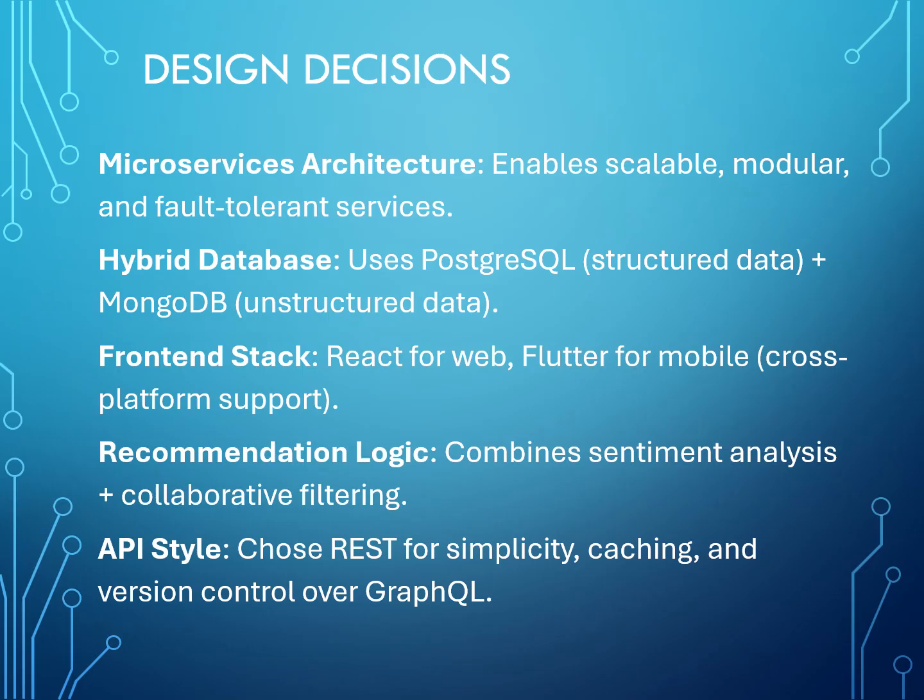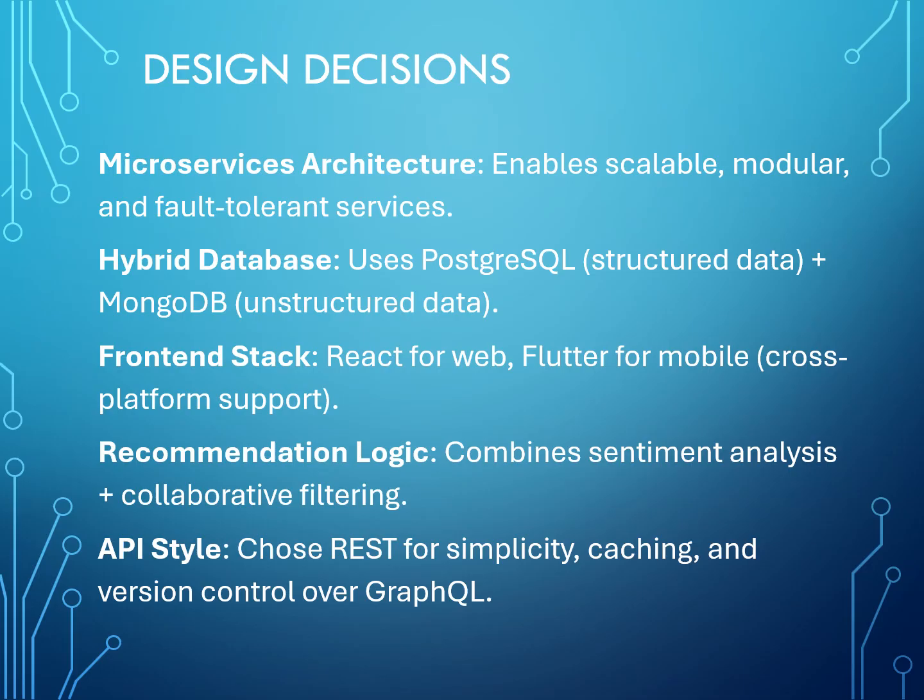Now for the design decisions, there's the microservices architecture. This enables scalable, modular, and fault-tolerant services. There's a hybrid database which uses PostgreSQL for structured data and the Mongo database for unstructured data.